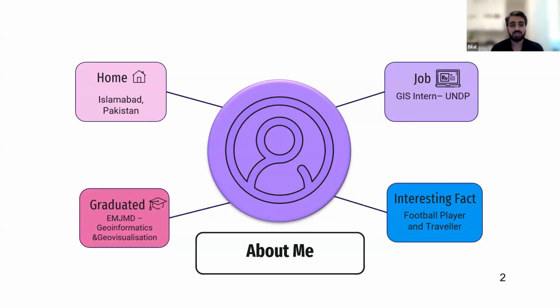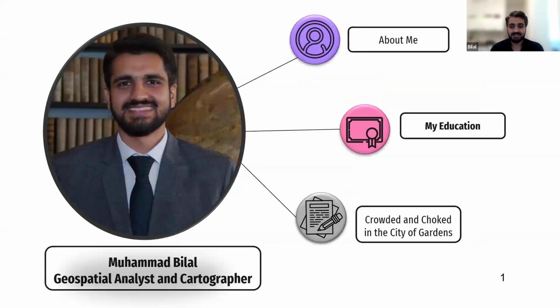That is basically a consortium of two universities. After completing the master's, I got into different internships. Currently, I'm working as a geospatial intern in the United Nations Development Program. And the interesting fact is that I'm a football player and also a traveler.